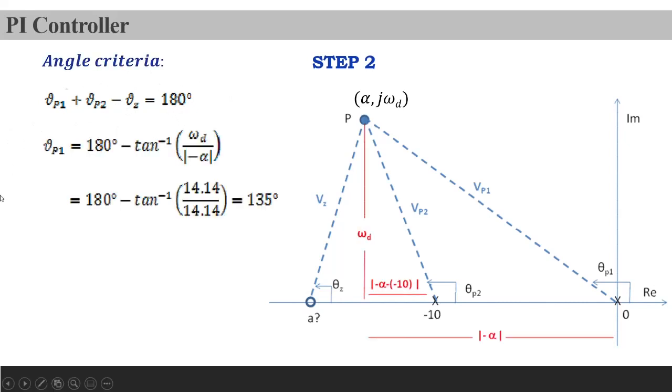So let's first find out the value of angle P1 using general geometry. So you can always see what the angles are, and you know the ratio of perpendicular to base is your tangent.